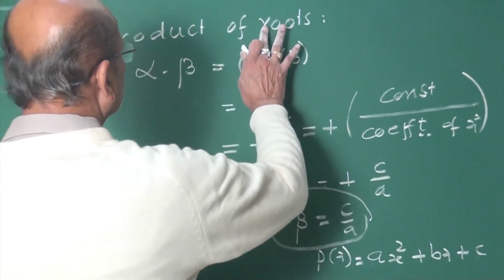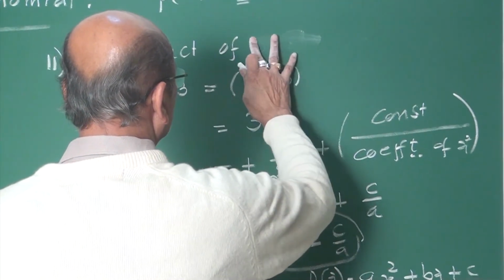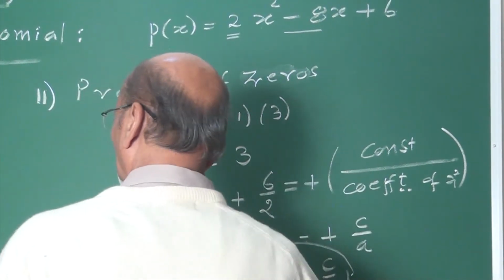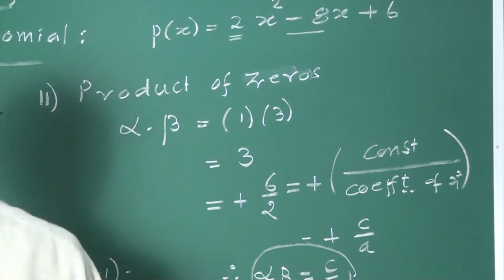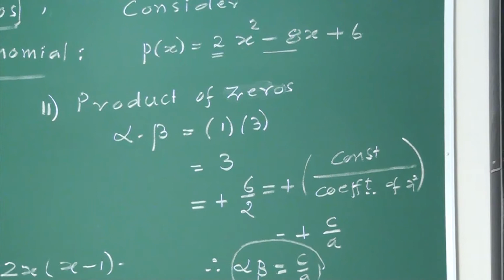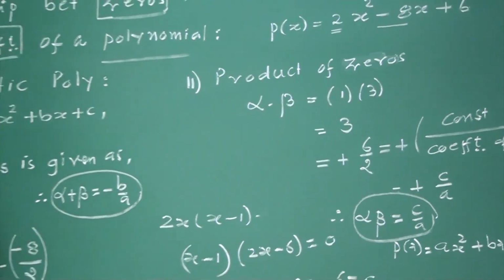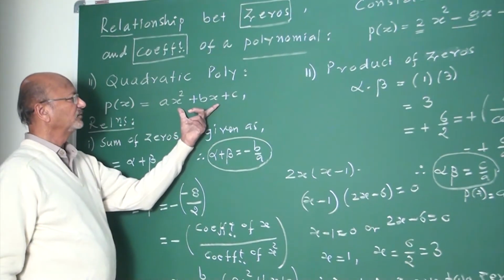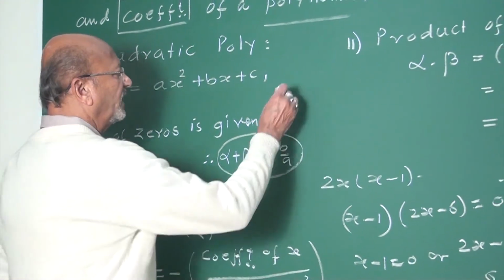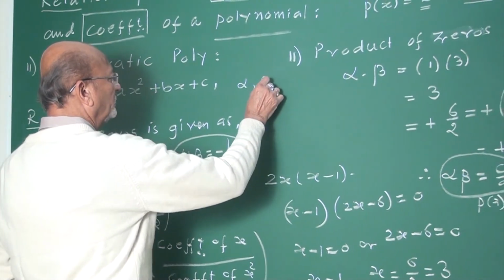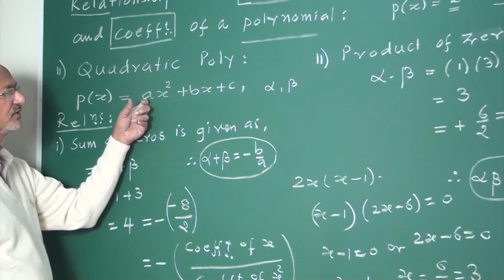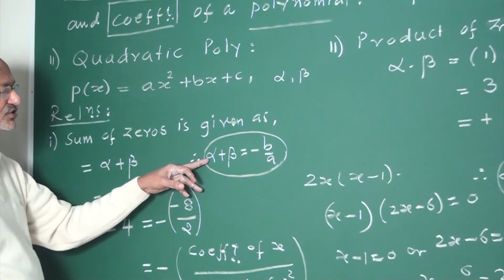Relation, my friends. Again, I went with the old one. It is not roots, it is zeros. I can correct it here. Product of zeros. So if the given polynomial is a quadratic polynomial ax square plus bx plus c, and alpha and beta are two zeros of this quadratic polynomial, then what is the sum of the zeros?